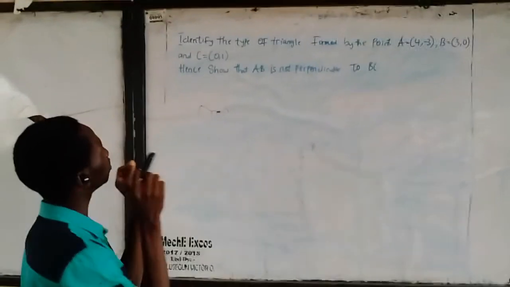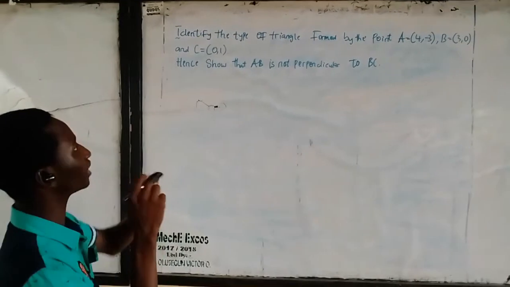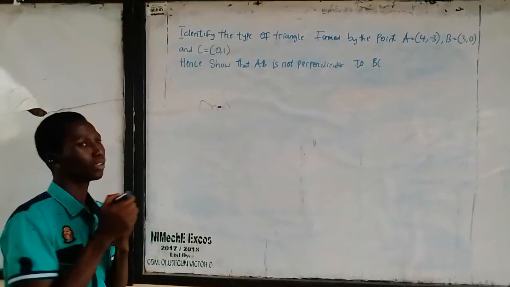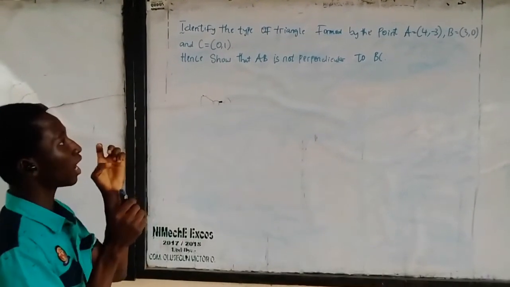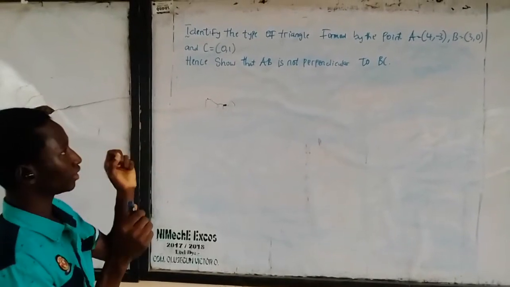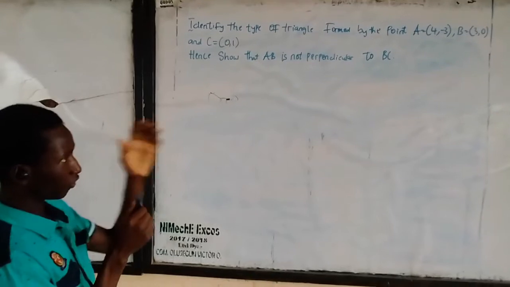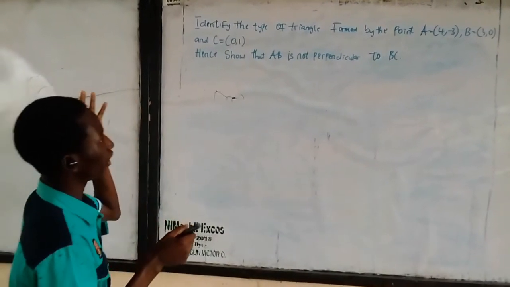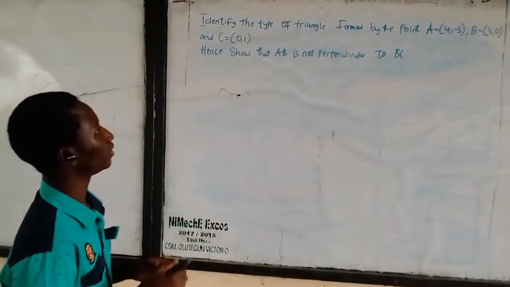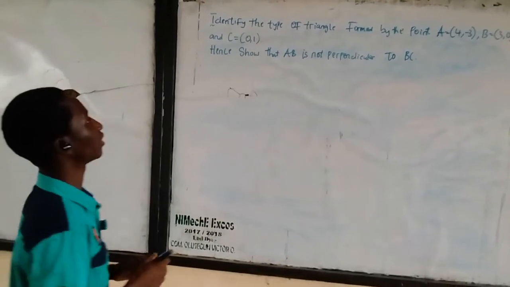To identify the type of triangle, we are asked to find the distances AB, AC, and BC.